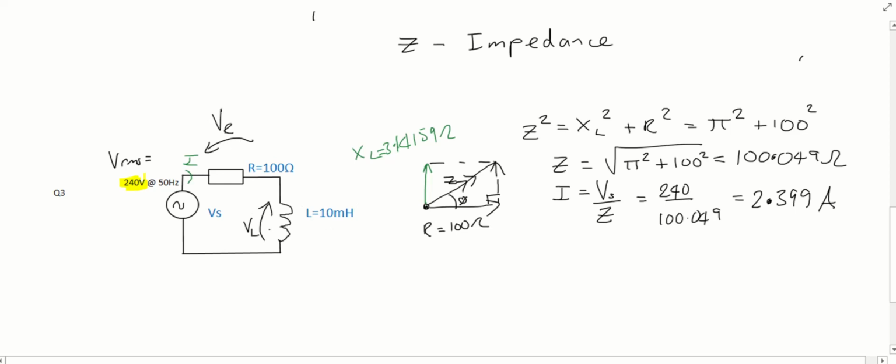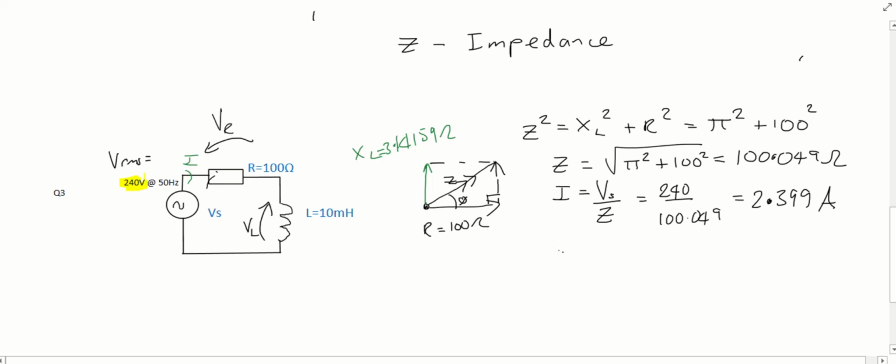One thing that we haven't found yet is the phase angle. We notice that that is labeled in the triangle there. Trigonometry is the best option here, so we can use any of those SOHCAHTOA type ratios.